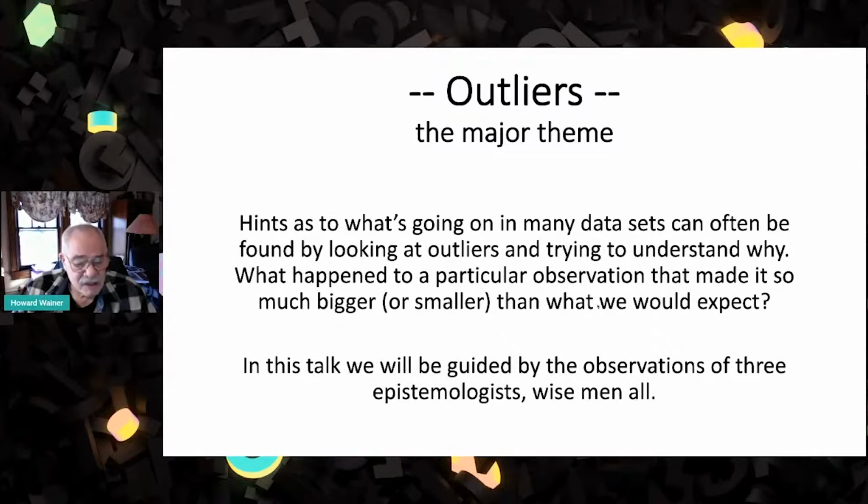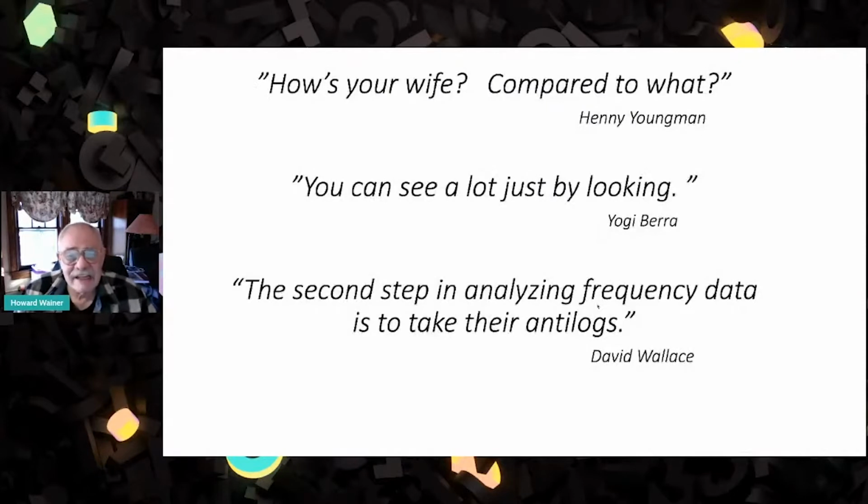And so in this talk, we'll be guided by the observations of three epistemologists, wise men all. The first is Henny Youngman, who pointed out when asked, how's your wife? He said, compared to what? He was trying to explain that you don't know anything absolutely, or very rarely, and it always has to be compared to what.